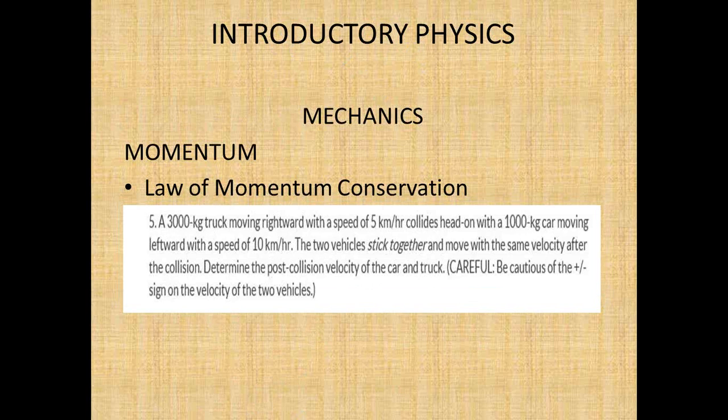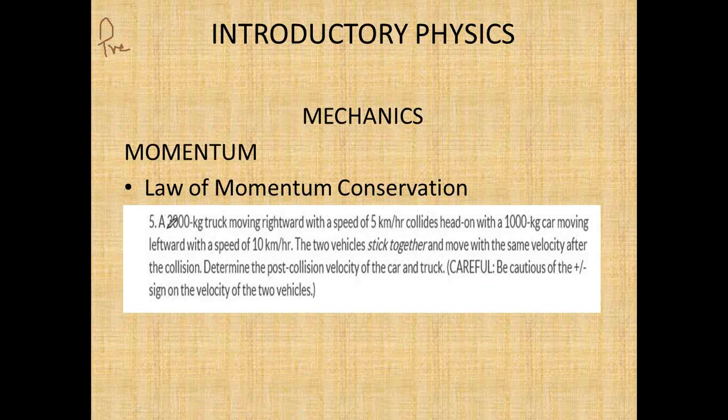All right, we're going to use our same approach. For our pre-collision momentum, let's do the truck first, but you have to remember your signs. Objects moving to the right have positive velocity. Objects moving upward have positive velocity.